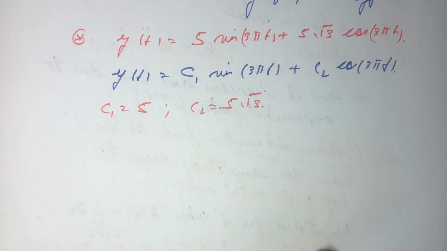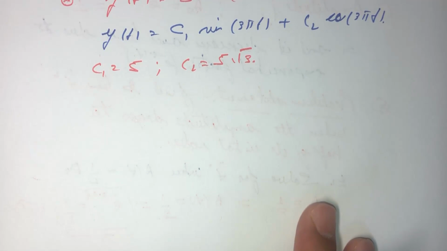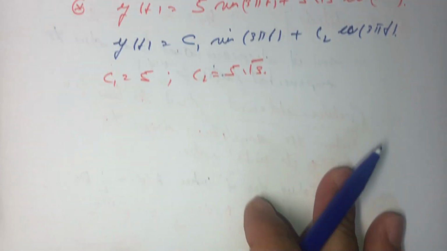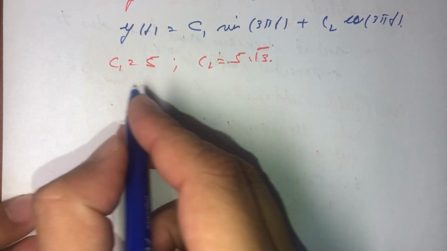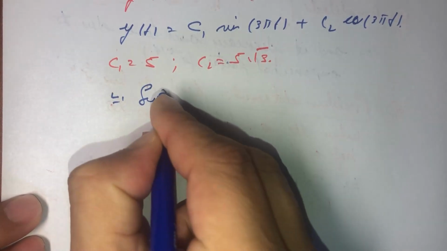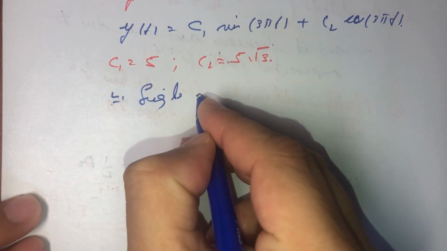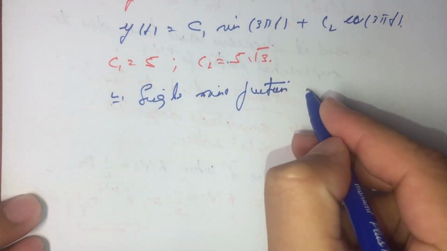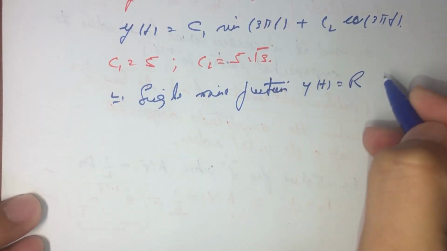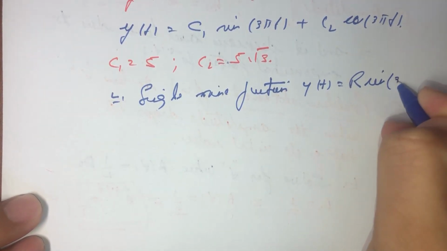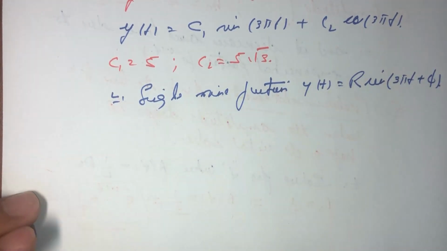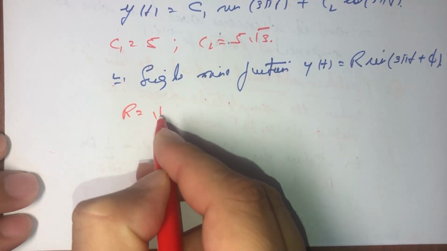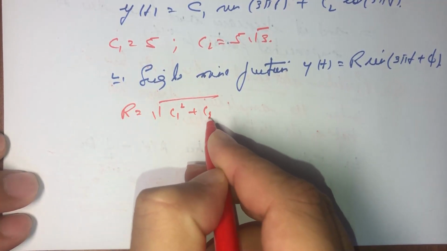Therefore we can represent these two functions as a single sine function, y(t) = R sin(3πt + φ), where R is the resultant amplitude and will be equal to the square root of c1² + c2².